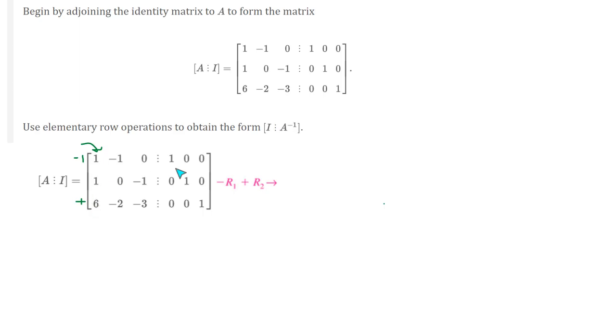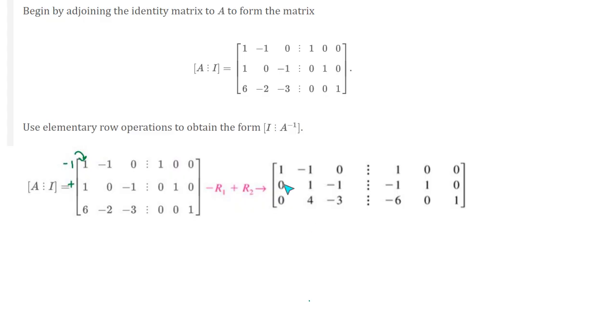Okay. So the first thing I'm going to do is multiply -1 times row 1. I'm going to add it to row 2 and then put my answer back in row 2. So it would look like -1 times 1 is -1 plus 1 is 0. So we would have 0 here.